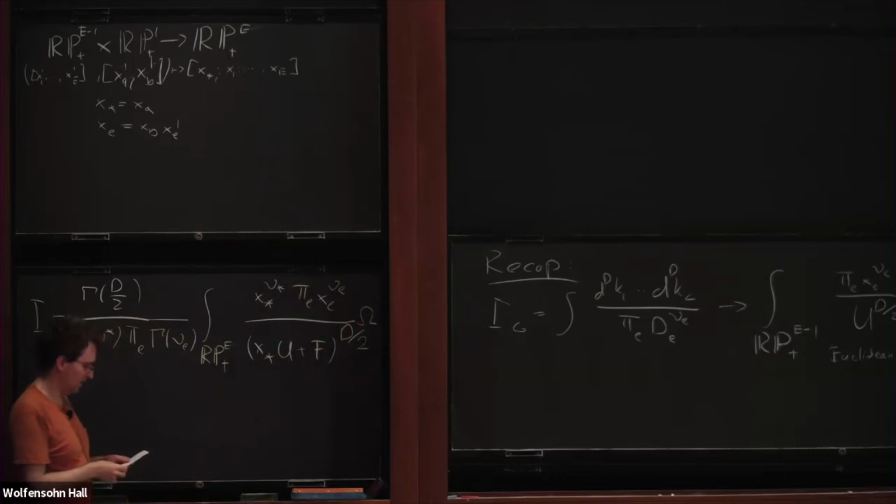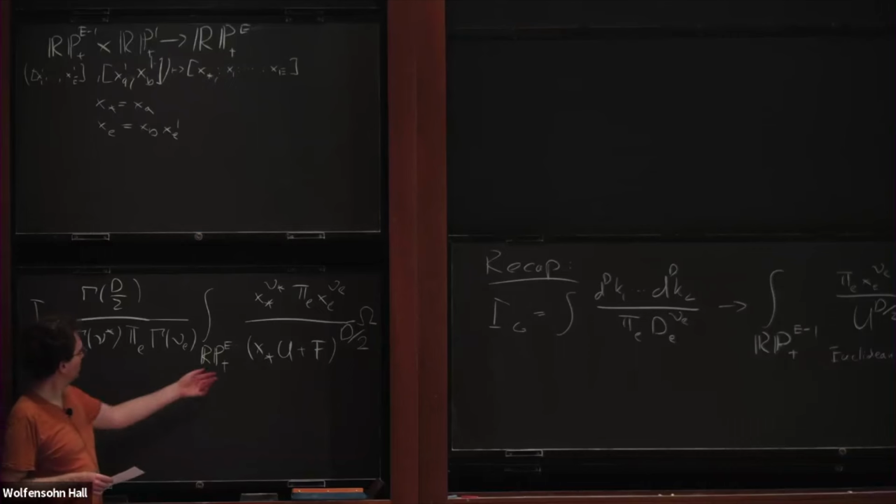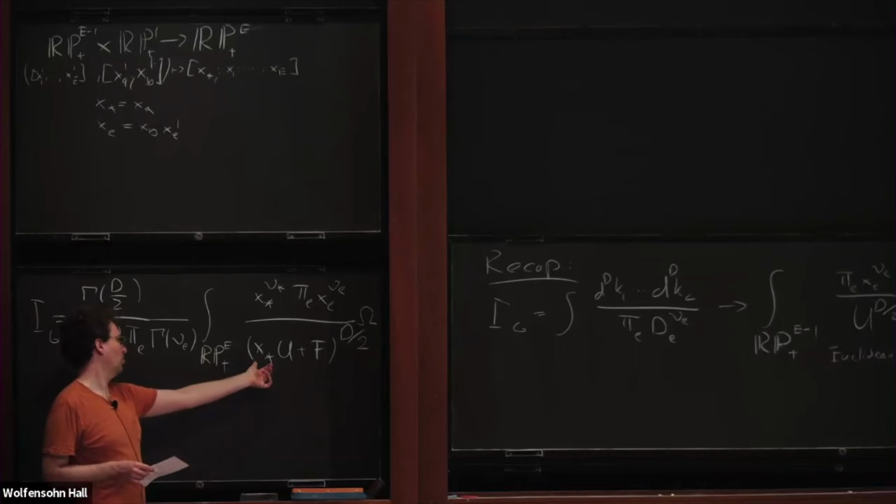So this is a more compact representation of these integrals, say in the Euclidean regime. The sacrifice we have to make is to introduce one new dimension to the integral.